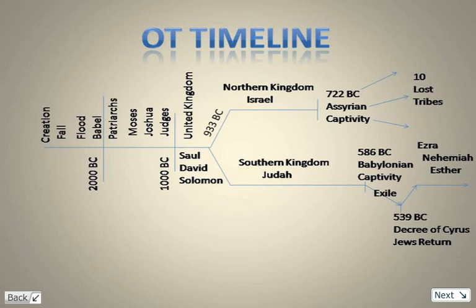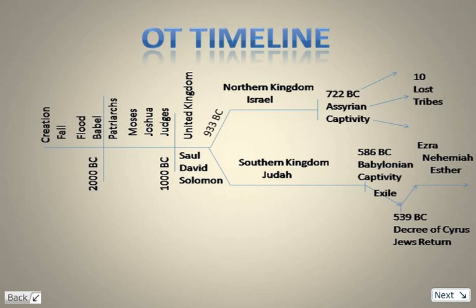And they're taken away back to Syria and other lands, and they're called the 10 lost tribes. Then in southern Judah, their southern kingdom lasts longer, and it's not until 586 BC when Nebuchadnezzar comes and captures and destroys Jerusalem, and they're taken away into captivity.